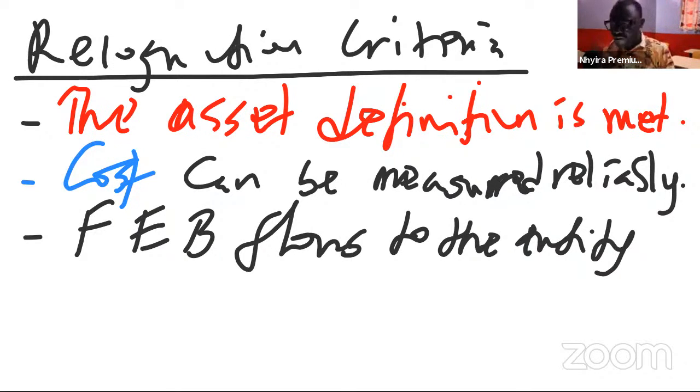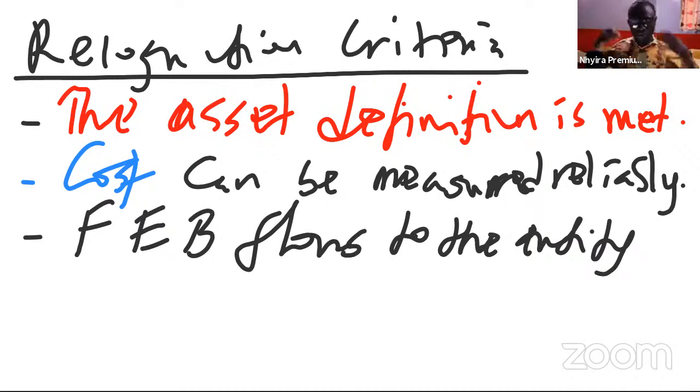Now, after the recognition criteria, the next thing we need to ask ourselves is, what is the initial recognition? In other words, how do we recognize assets initially? How can we measure the cost reliably? What should constitute the initial cost of a property that has been acquired or leased?